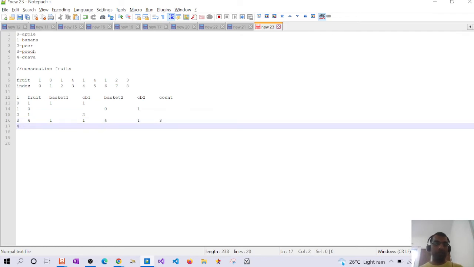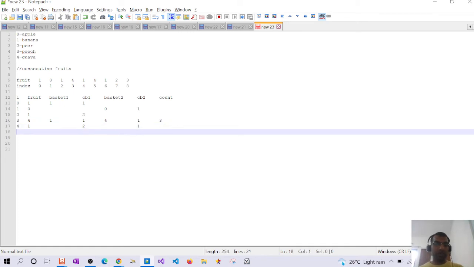That's fine. Now we'll go to index 4 whose fruit is 1. We'll check whether 1 exists in basket 1 or basket 2. Yes, it is in basket 1, so we'll increment its count. The count of basket 2 is same. Then we'll go to index 5. So index 5 is 4. We'll check whether it exists in basket 2, basket 1.